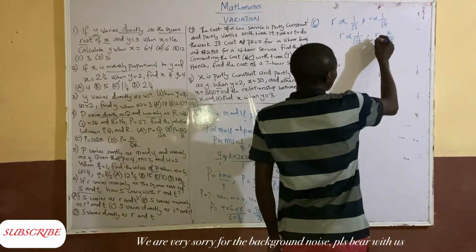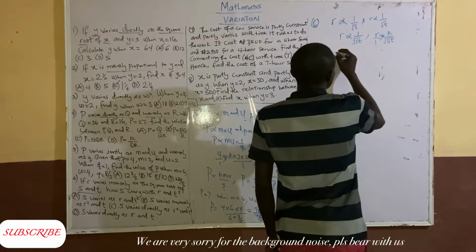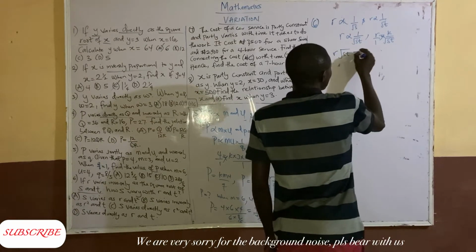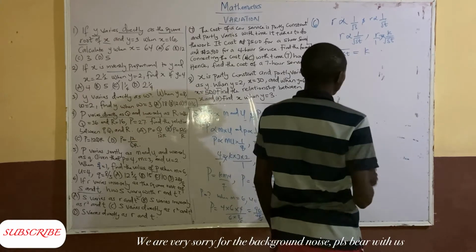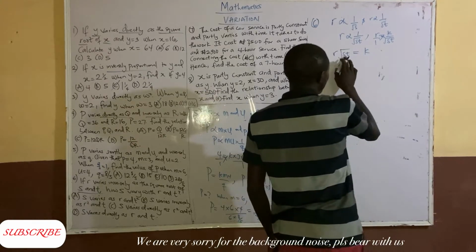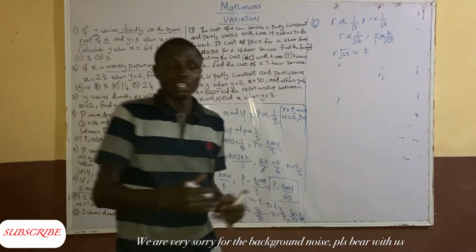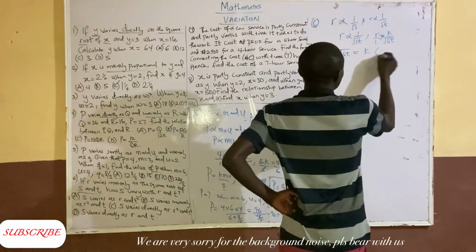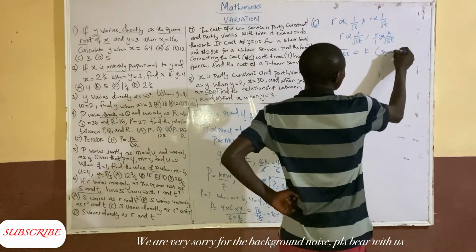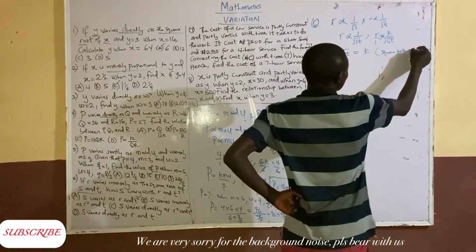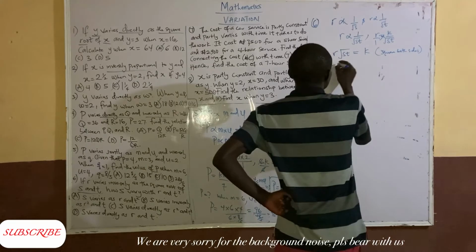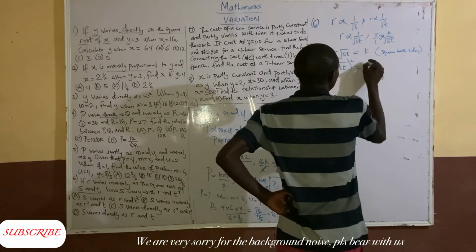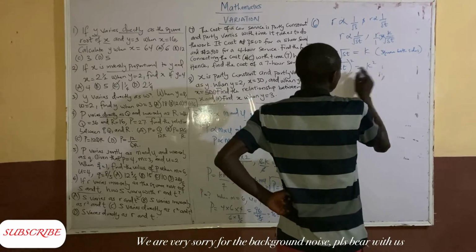To make S the subject of the formula, you have to cross multiply. So we have R root ST equal to K. Then square both sides to remove the square root, so you get the relationship. R times the square root of ST, all squared, equals K squared.